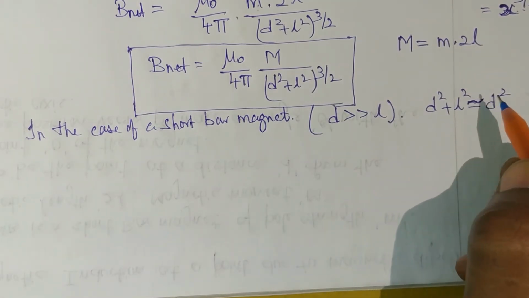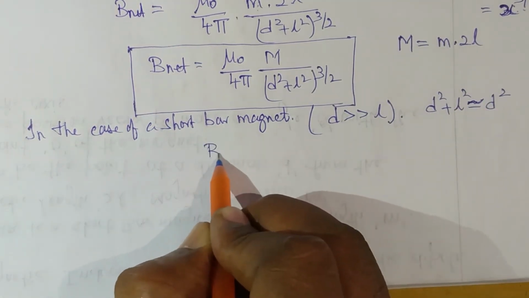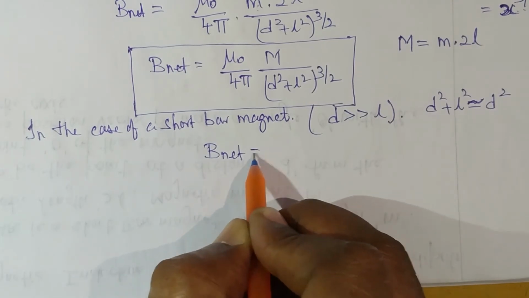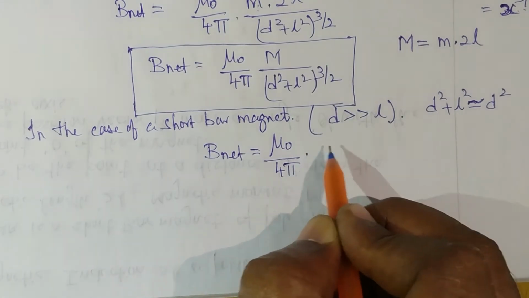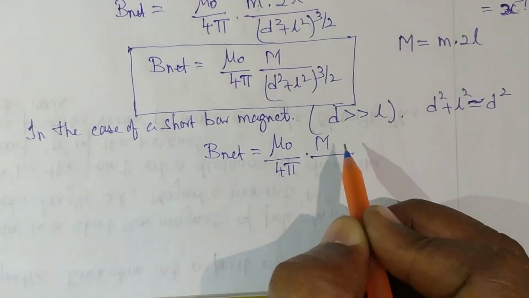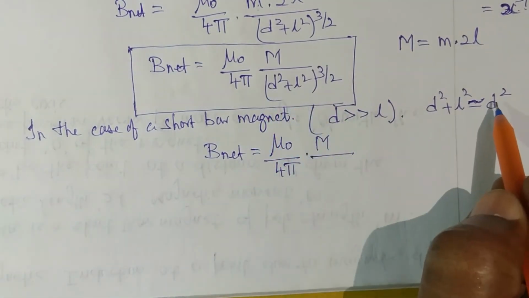Therefore, the net magnetic induction at this point can be written as mu naught by 4 pi into magnetic moment by d square plus L square, which is again d square.